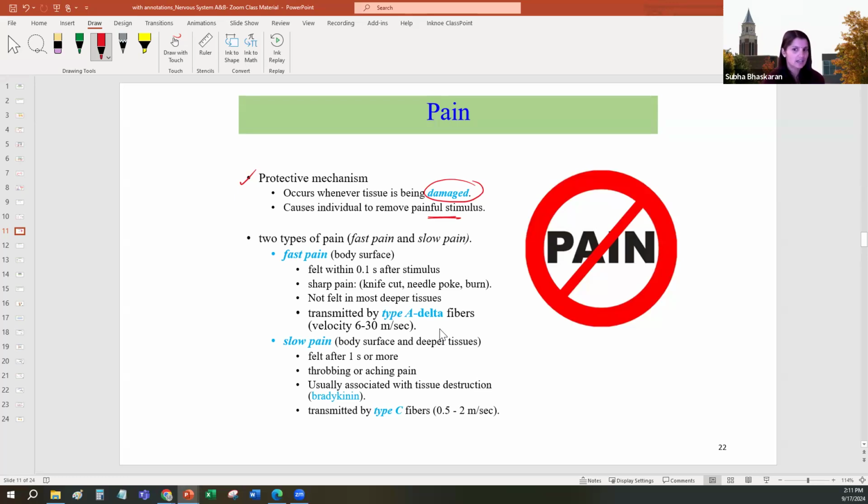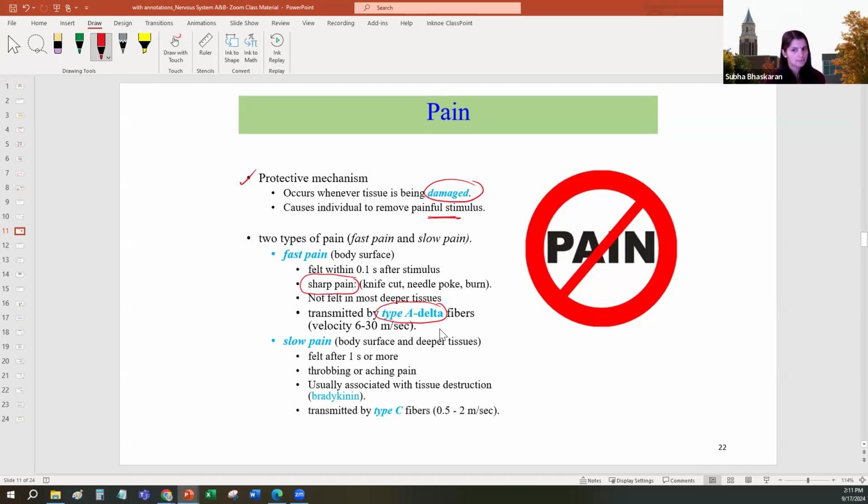Again, there are different areas of the body that can get activated, but just to keep it simple, fast pain is a sharp pain, like a knife cut, needle poke, or burn, carried by type A delta fibers. This is more superficial, right?